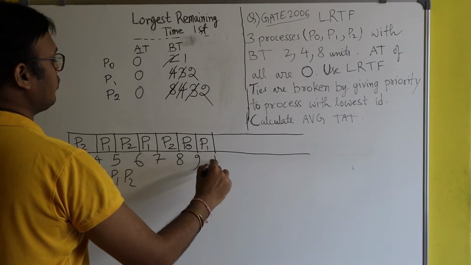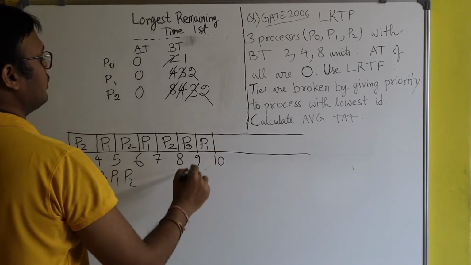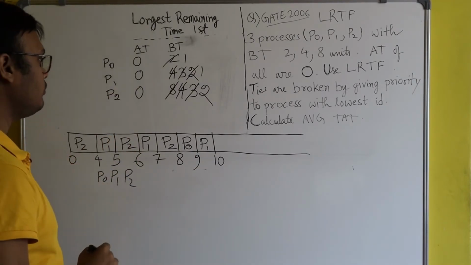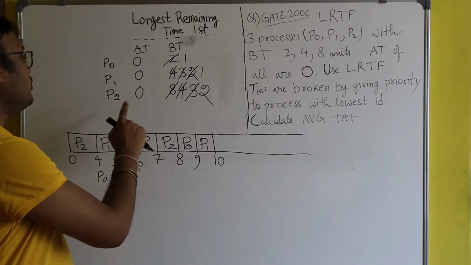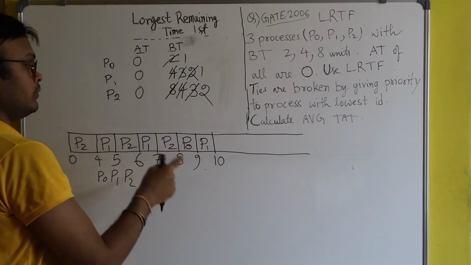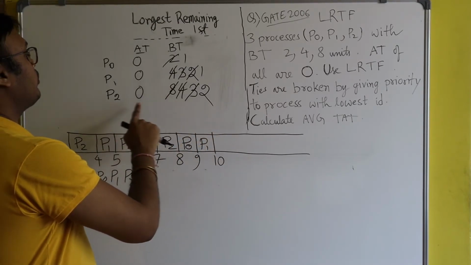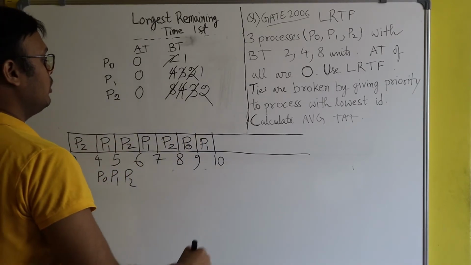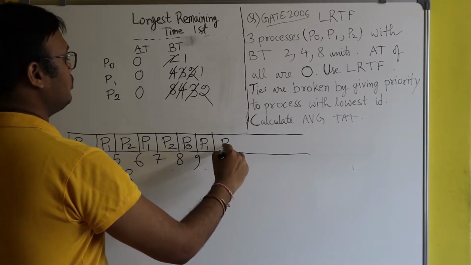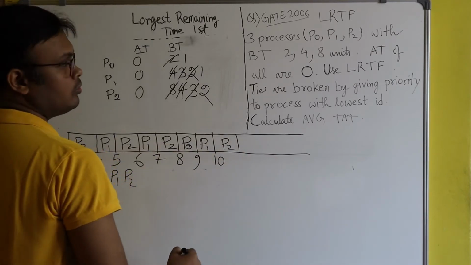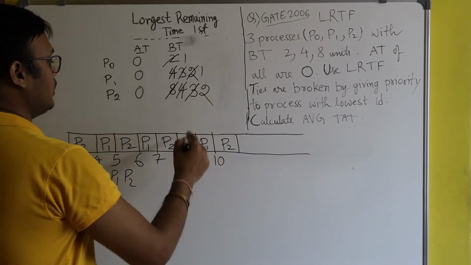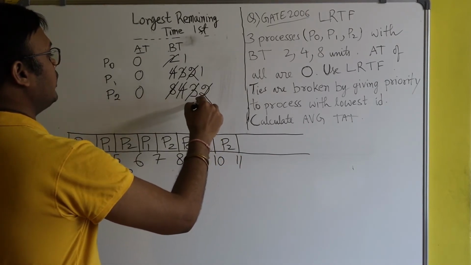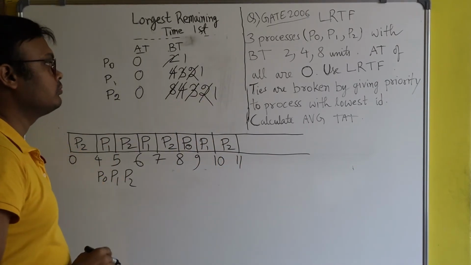Process P1 will run for 1 unit from 9 to 10, so 1 unit is remaining for P1. Now process P2 has the largest burst time, so CPU will be given to process P2. I will again write process P2. It will run for 1 unit, so now 1 unit is left for P2.